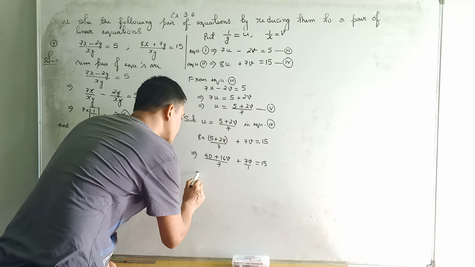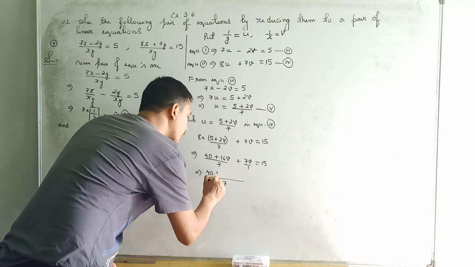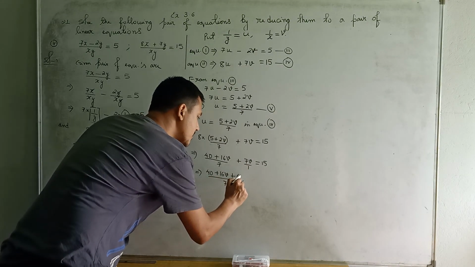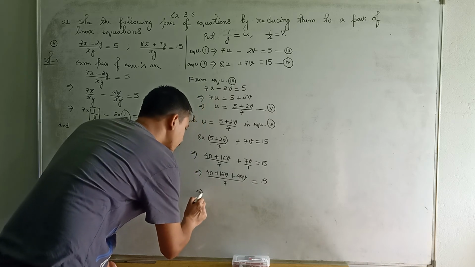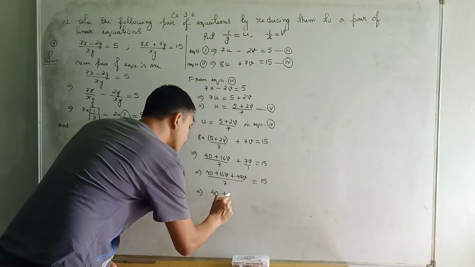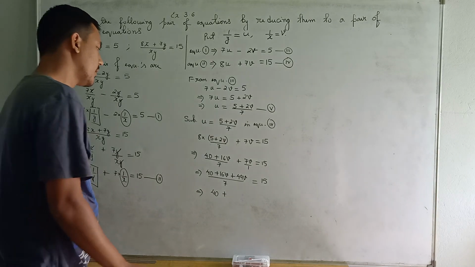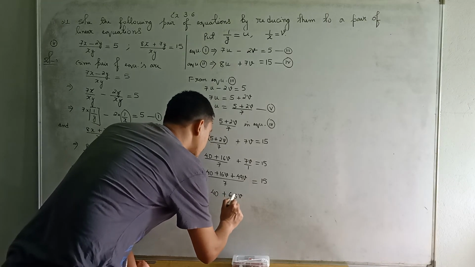We have to take LCM. If we take LCM, then 7 cancels out. 40 plus 16v. 7 times is 49v, right? You got that way? 40 plus 16 plus 49, 65v, yes, correct.